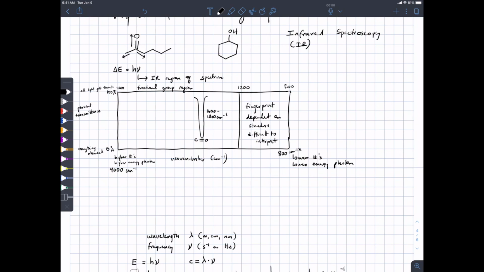That's where carbonyl vibration happens. Instead, if you had an OH group, there would be a broader and also intense peak in the 3000 to 3500 wave number area. And other kinds of bonds will show up in different areas. These two are some of the most useful.